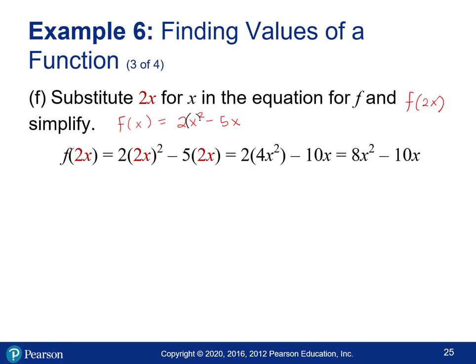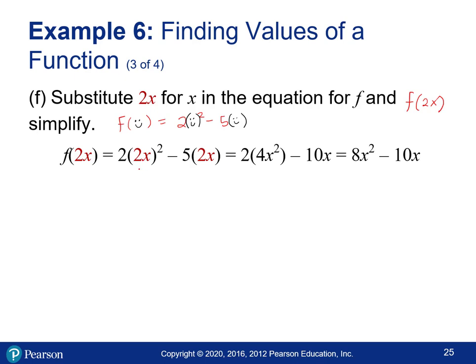Right where there's an x, I'm going to put parentheses, and then I'm going to erase what's there, and I'm going to fill it in with whatever's in my parentheses. In this case, it was a 2x. So I'll just pick another example just to show you. Let's say this time it was a smiley face. So exactly where there used to be an x, I put parentheses, I erase the x, and I put a smiley face. And so that's how we simplify and solve these for these function values.